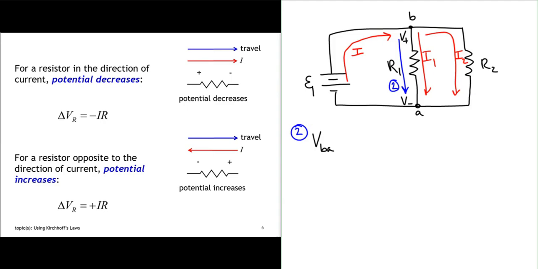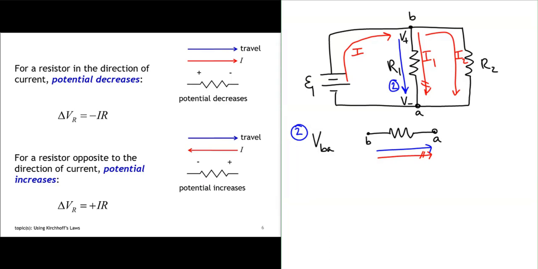So what I find useful is comparing the direction of analysis with the direction of the current. We are analyzing from B to A, and the current is from B to A. When your path of analysis is in the same direction as the current, then the voltage goes lower.